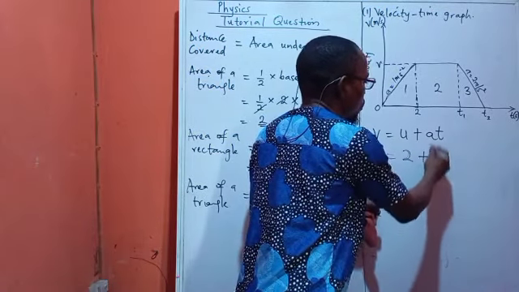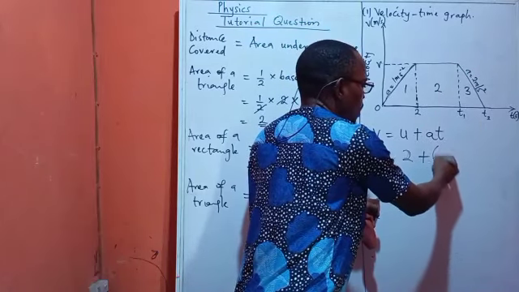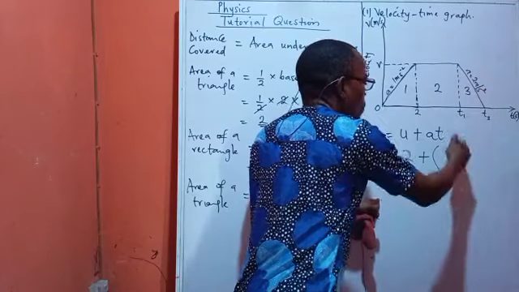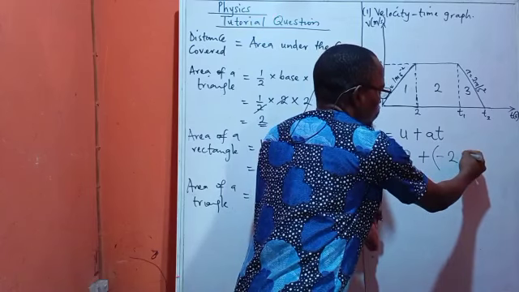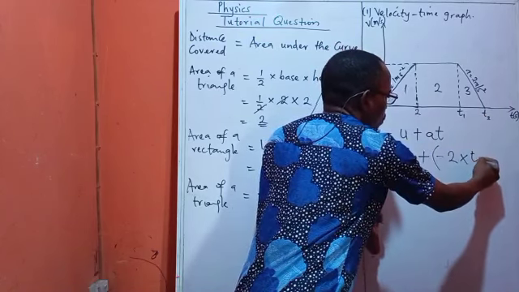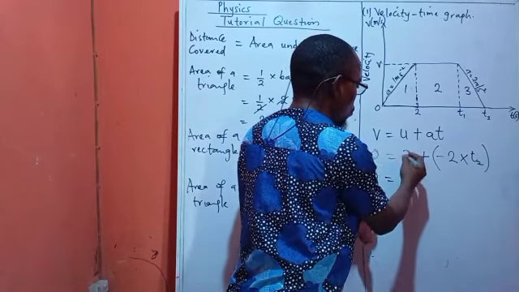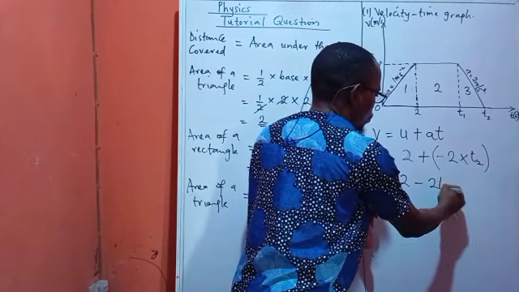Then plus, since it is retardating, our a will be minus 2, times t2. So from here we have 0 equals 2 minus 2t2.